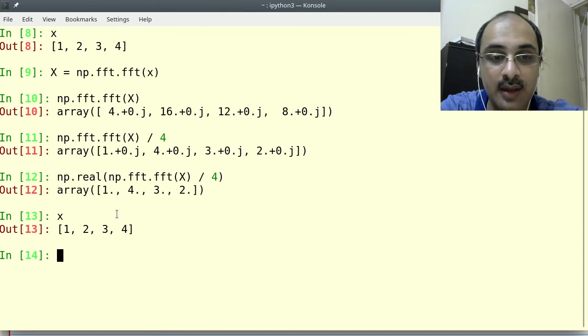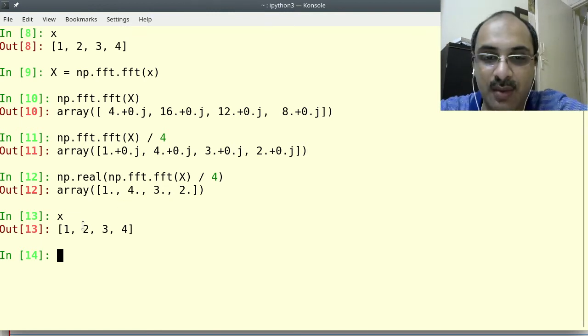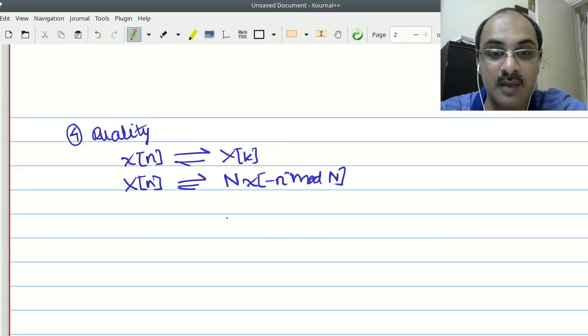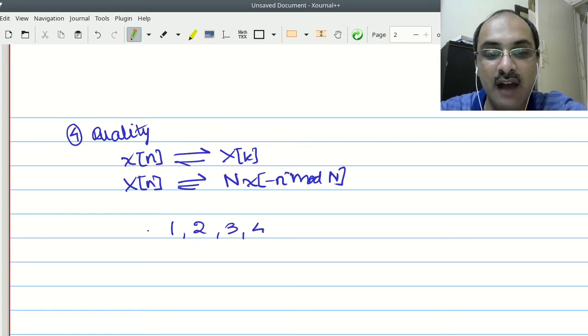Why does this happen? This happens because when you reverse the sequence, you reverse the periodic sequence. So when you have 1 2 3 4 and you have another, because of the periodic extension, you have 4 3 2 1.